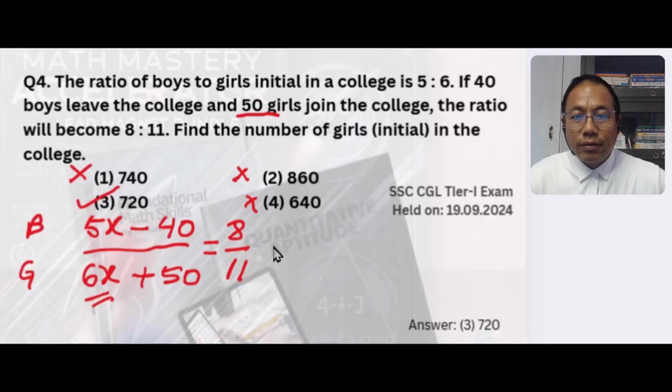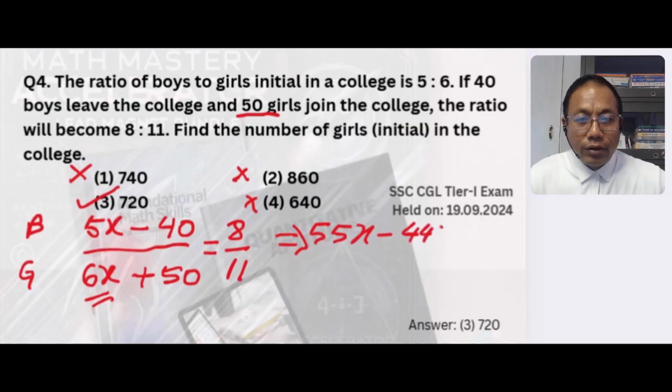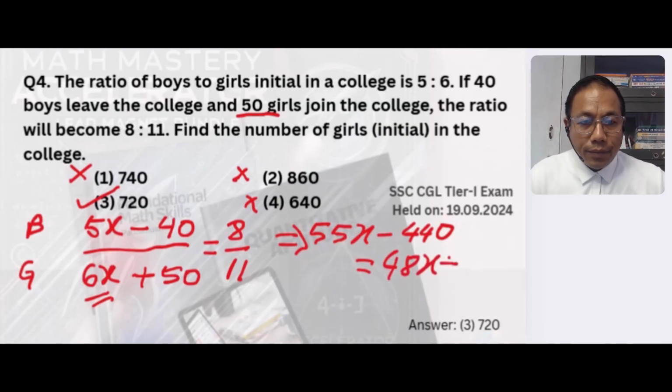Okay, let's solve it. Cross multiply. 11 into 5x is 55x minus 11 into 40 is 440. This is equal to 8 into 6x is 48x plus 8 into 50 is 400.